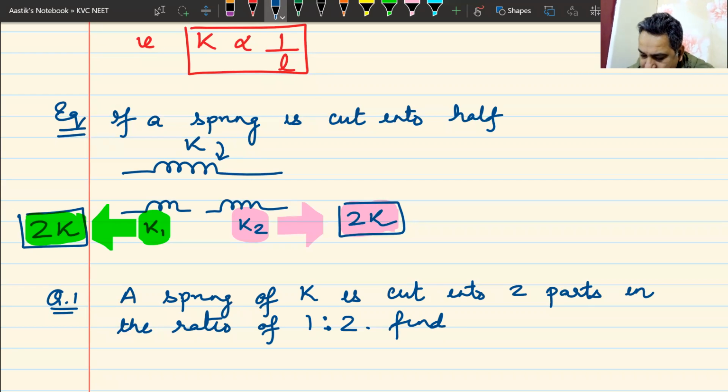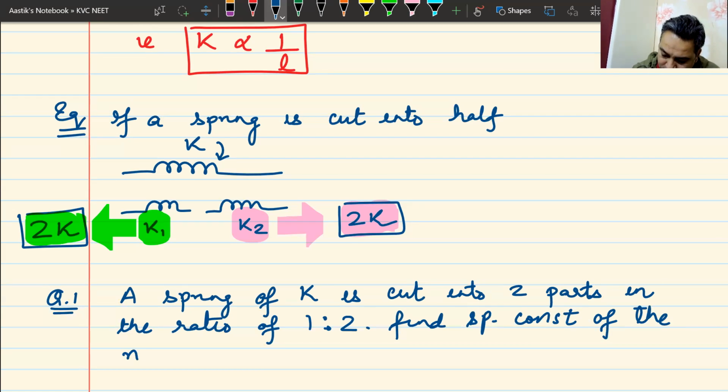Find the spring constants of the new springs. I have 2 springs now.